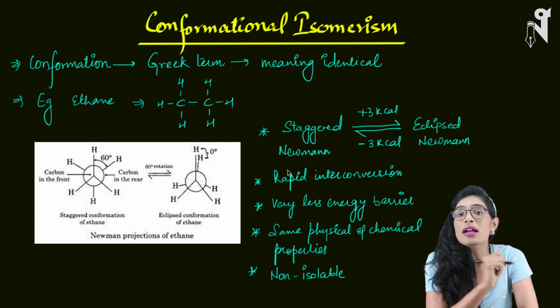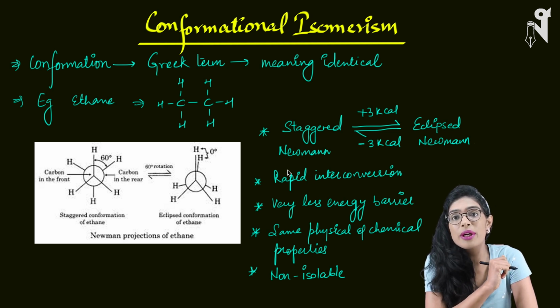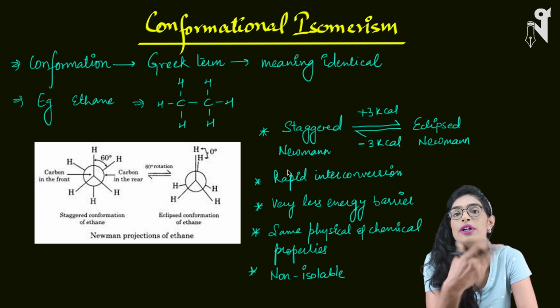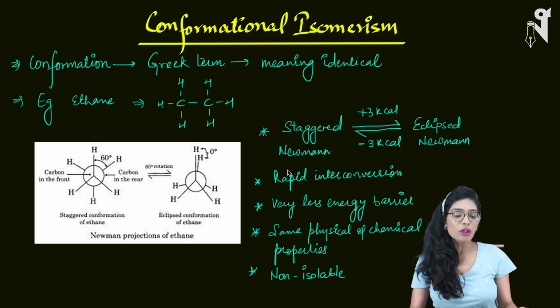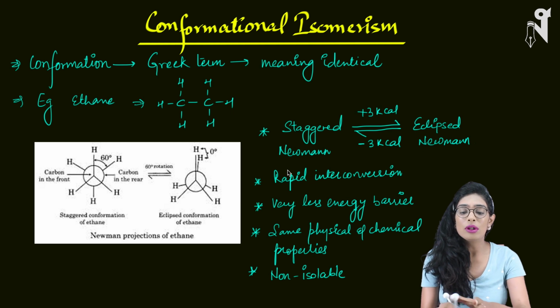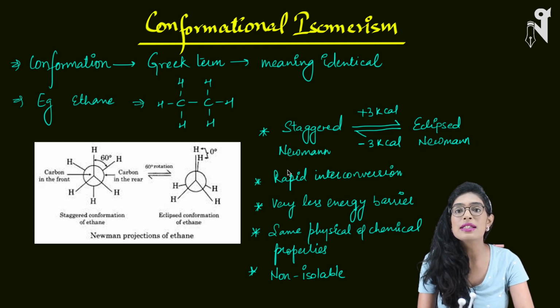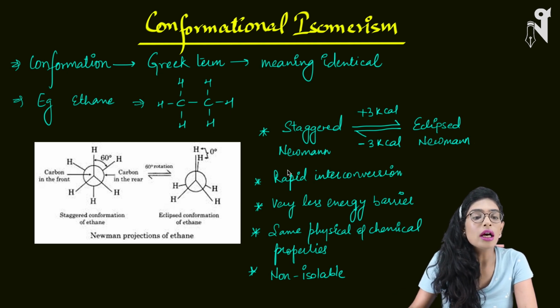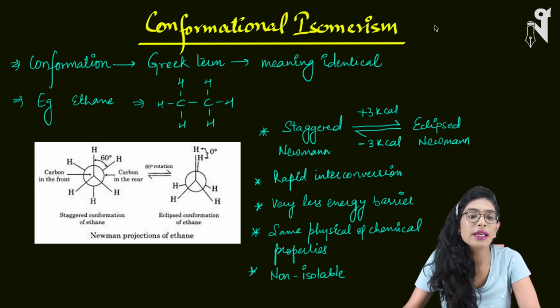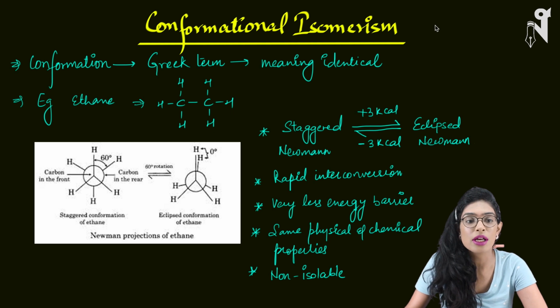Okay, so let's start understanding what exactly conformational isomers are and what different types of isomers can be formed. Before we understand in depth, let's first see how to represent conformational isomers. We basically talk about two ways of representing these isomers of a particular molecule.